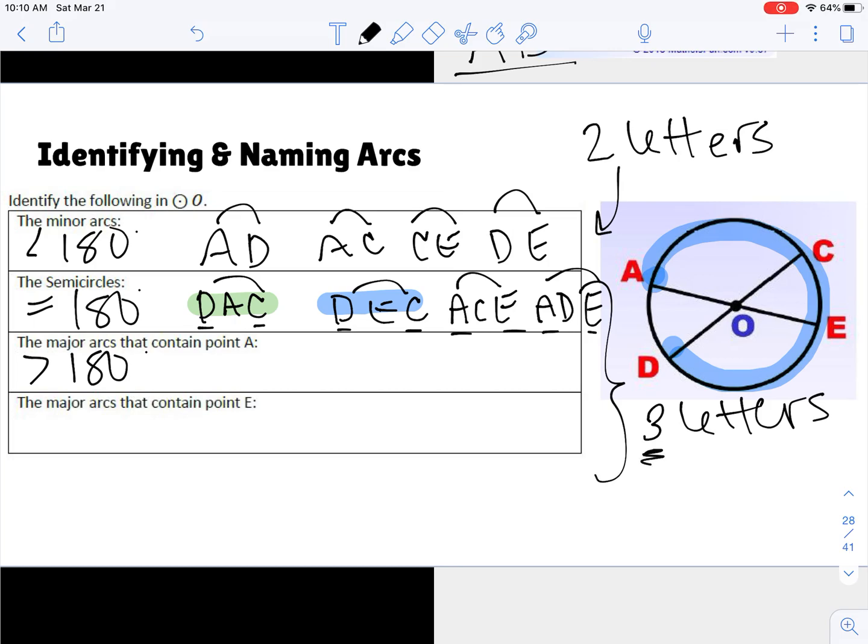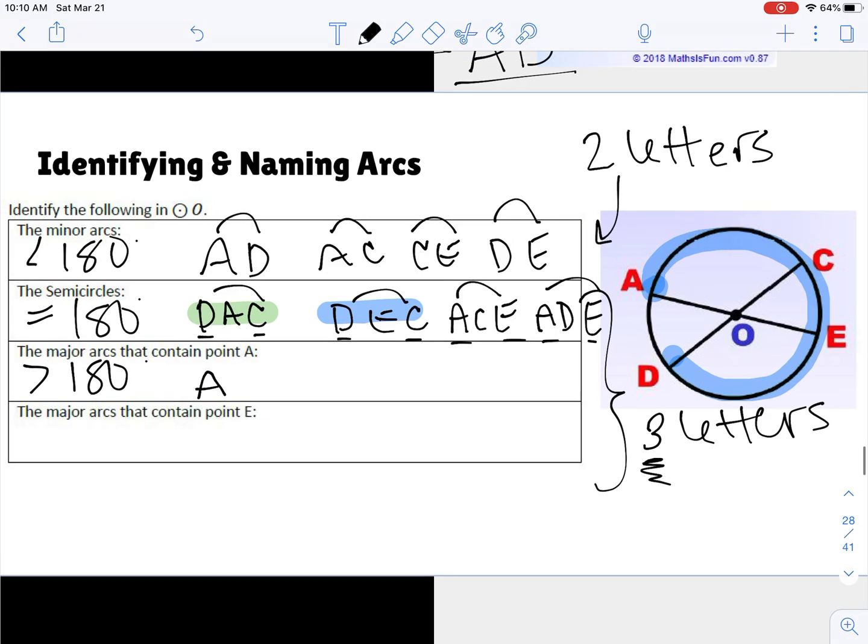You're still only using three letters, not four. It passes through four, but we're not going to use four. We can name this as arc ACD or AED. These are the same arc, okay?